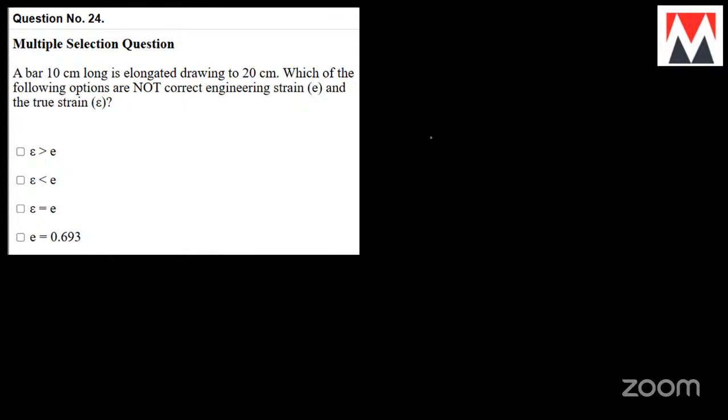So you have E is equal to elongation by original length, delta L by L, is 10 by 10, you get E is equal to 1. So epsilon is ln 2, 0.693.